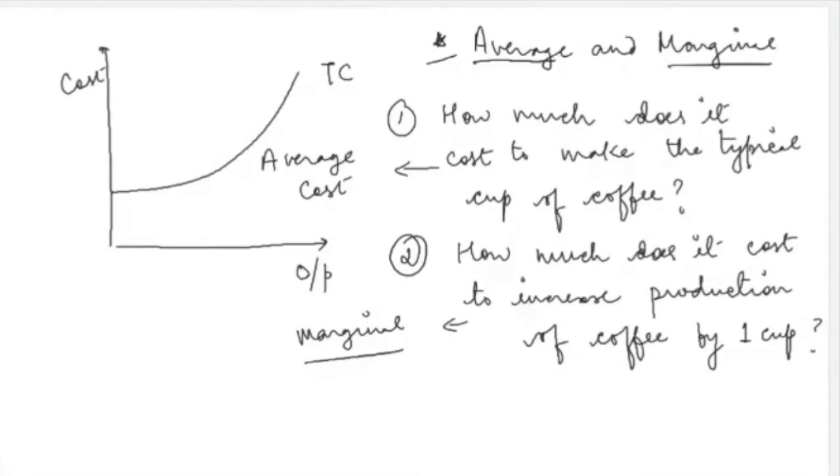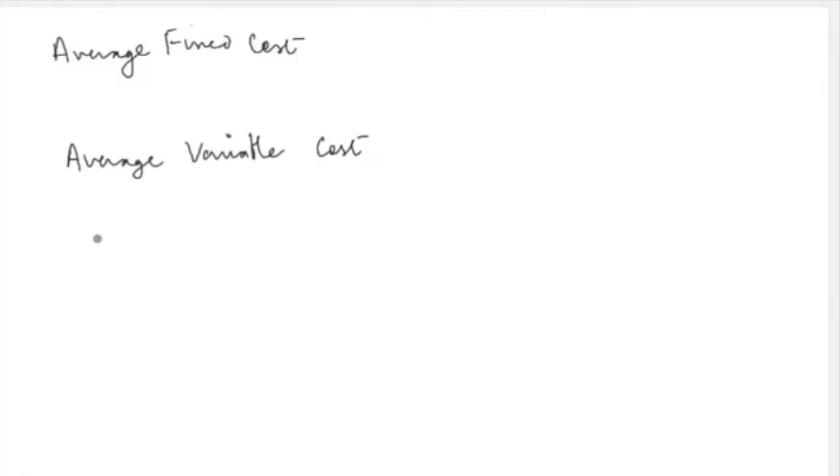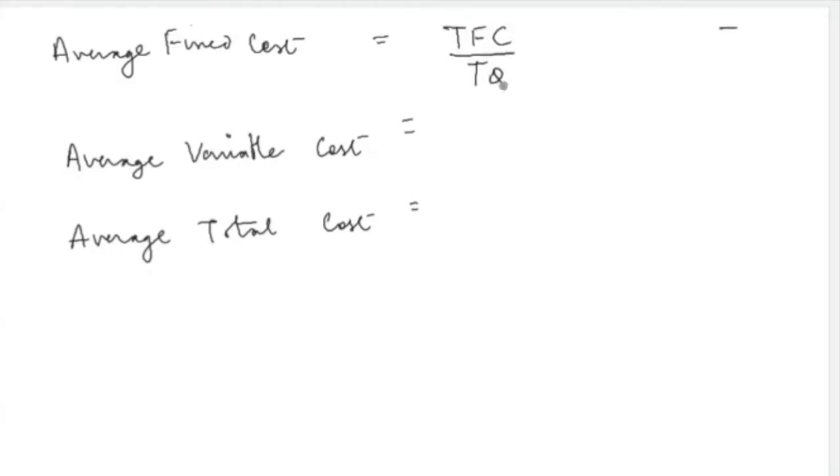Now you can understand average cost in three cases. First is average fixed cost, average variable cost, and average total cost. Firstly, how do you calculate average? Just like how you calculate any normal average, you will take the total fixed cost divided by total quantity. That will give you the average fixed cost.